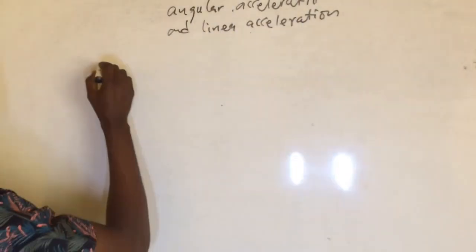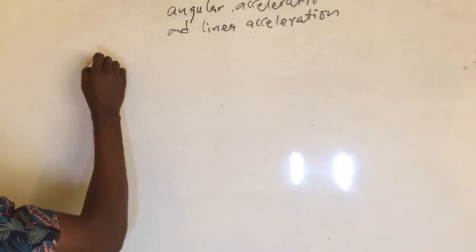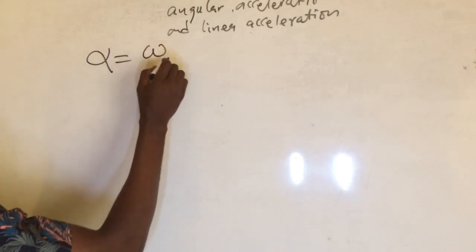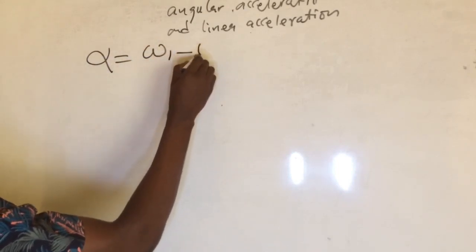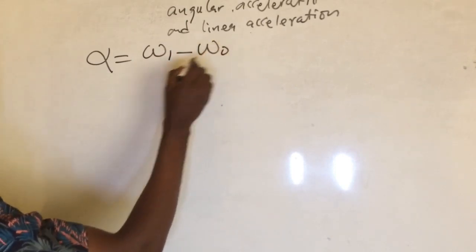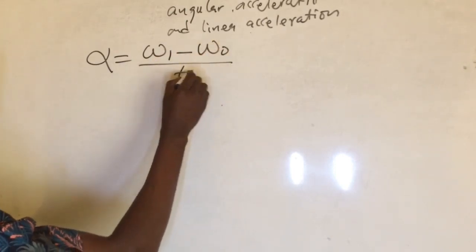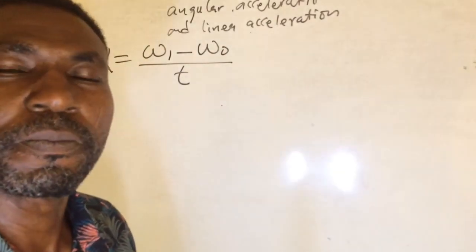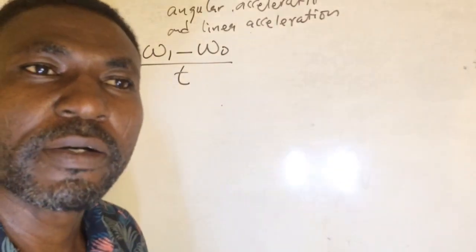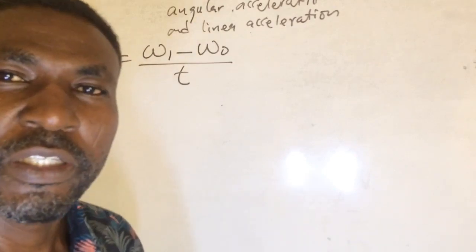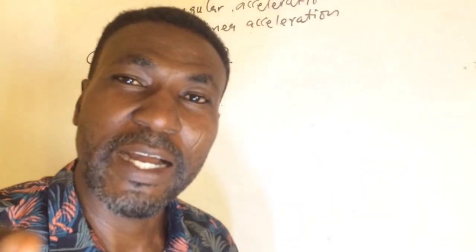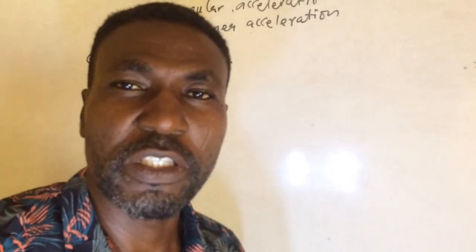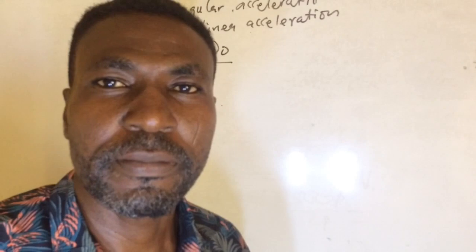Our angular acceleration, alpha, is equal to (w1 minus w0) all over time. Okay, now this is the formula for angular acceleration. That is final angular velocity minus initial angular velocity all over the time taken.